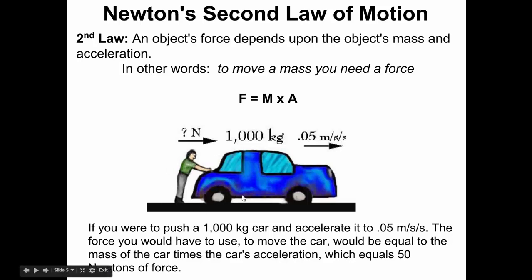So if you were to push this car, which is 1,000 kilograms, and accelerate it to 0.05 meters per second squared, the force that you would have to use to move the car would be equal to the mass of the car, so our 1,000 kilograms, times the car's acceleration, which is 0.05 meters per second squared. So you would take 1,000 and multiply that by 0.05. So why don't you take a second and go ahead and do that.